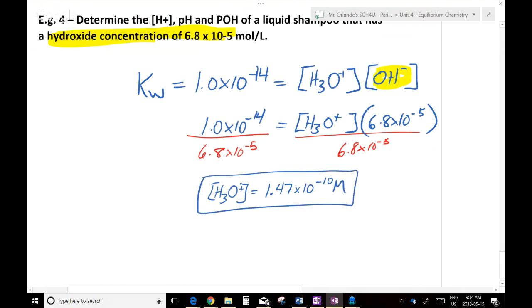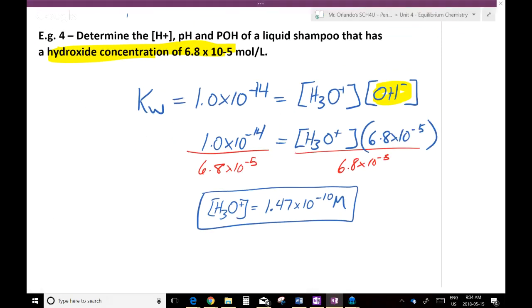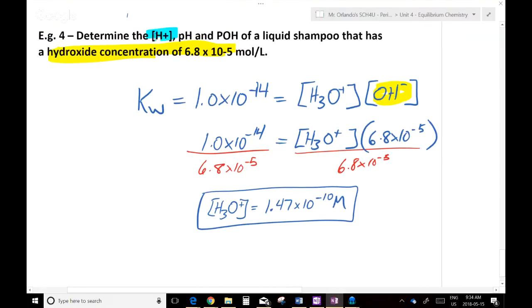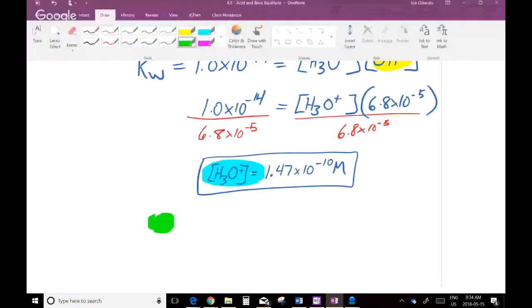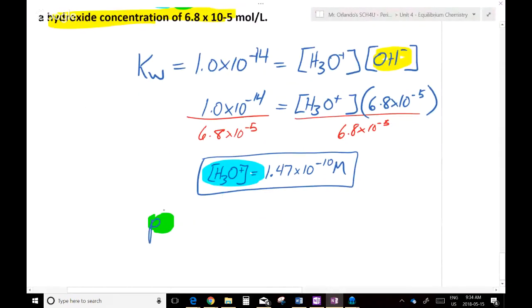Now, have I answered the whole question? No, I've got part of the answer. What do I want next? pH, how will I do that? Negative log of the concentration of H3O+.